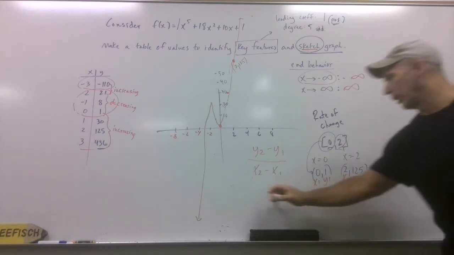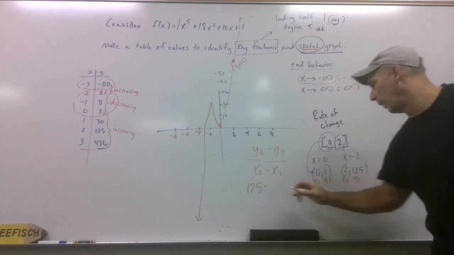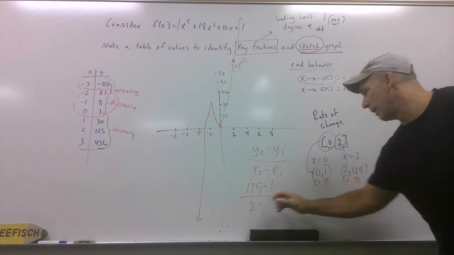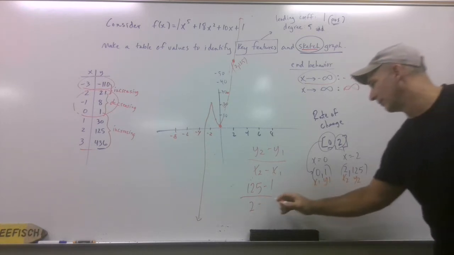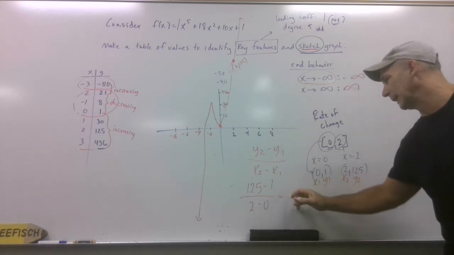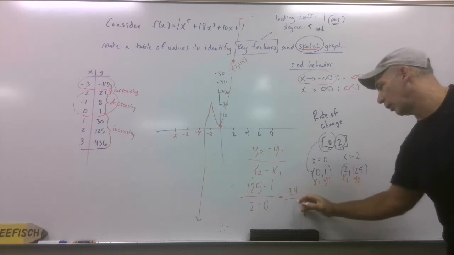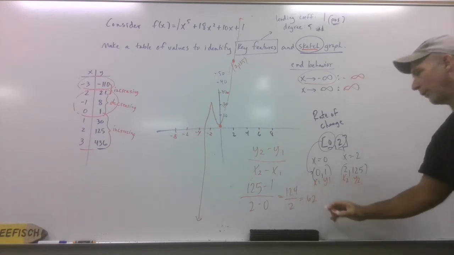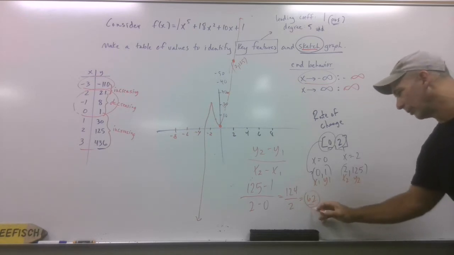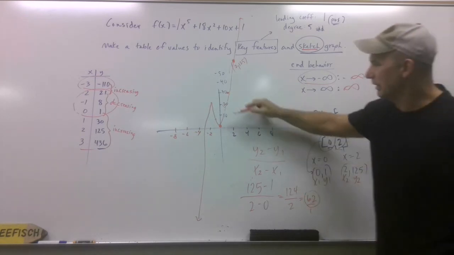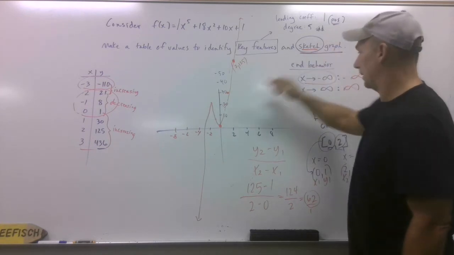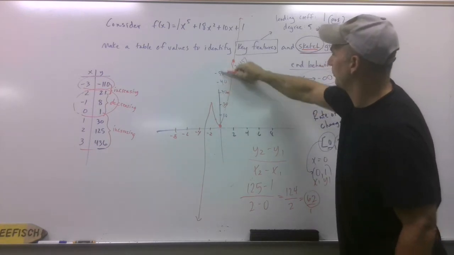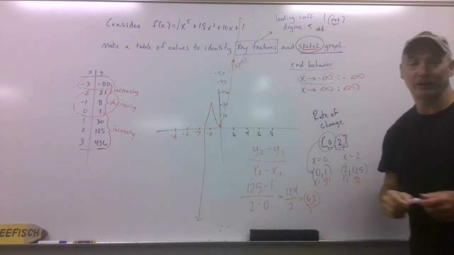So y2 is 125, y1 is 1, x2 is 2 minus x1 is 0. So what do I get here? I get 124 all over 2, which is 62. Now that's my slope. It's really 62 over 1. So that means from here, I have to go up 62 over 1 if my drawing was perfect.